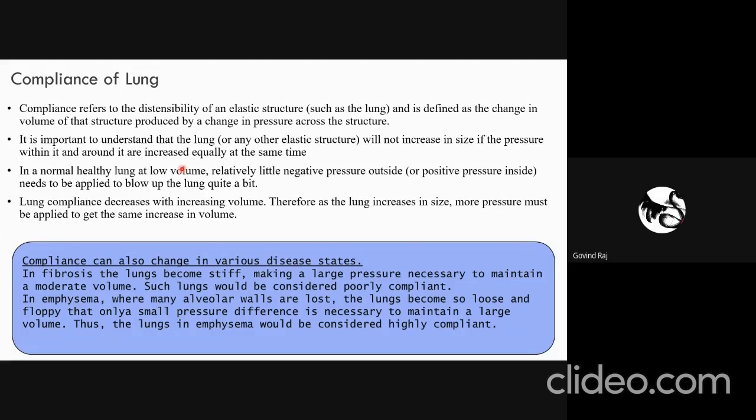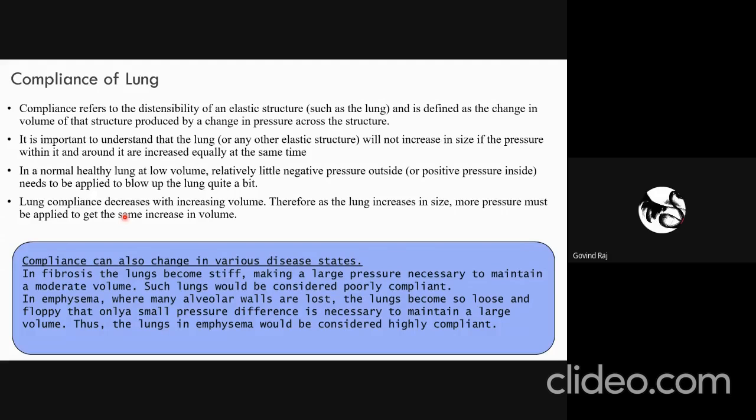decreases with increase in volume, because here, consider a uniform amount of pressure that you are applying to an object. You are giving 1 unit of pressure, and you have two subjects, one with a small volume and one with a larger volume.